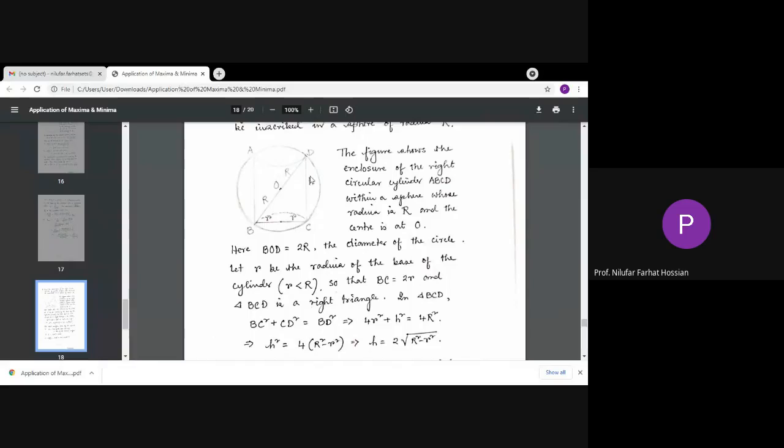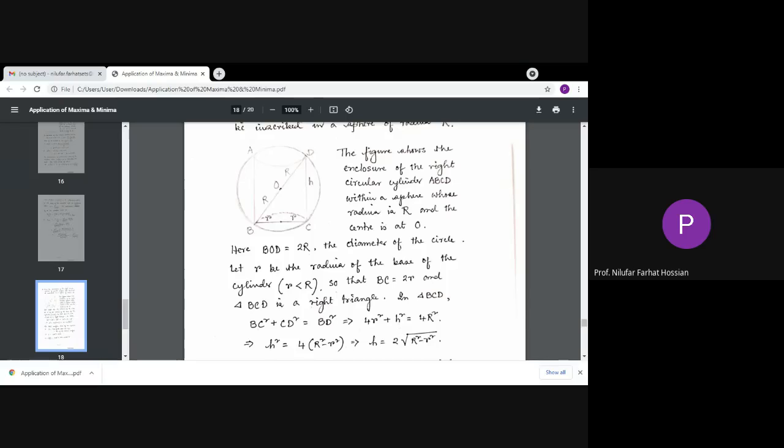Now you see this BCD must be a right triangle, so BD will be the hypotenuse. So BC square plus CD square should be equal to BD square. What is BC? BC means 2r, so it will be 4r square. And CD means h, so it should be h square.